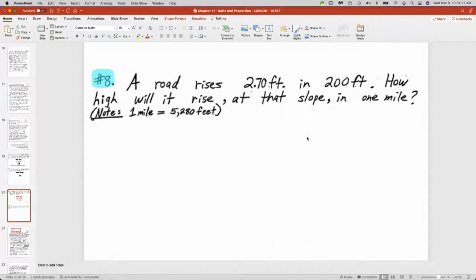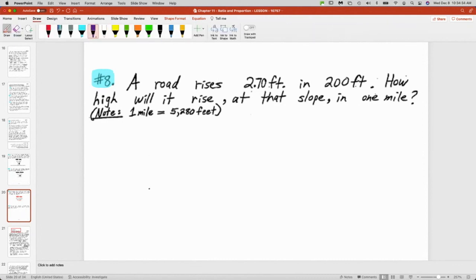But yeah, this one's interesting. This one's very practical too. We have a road that rises 2.70 feet in 200 linear feet. So in other words, as you go along the road for 200 feet, you can draw a triangle here if you want.